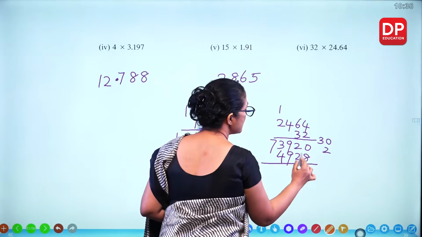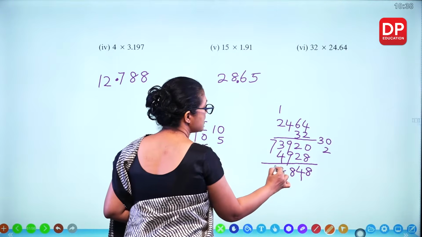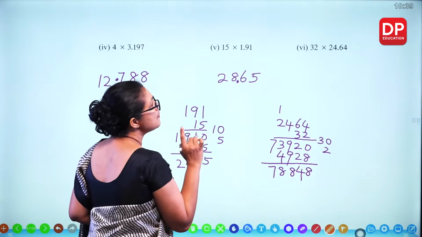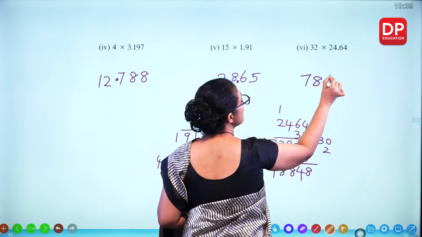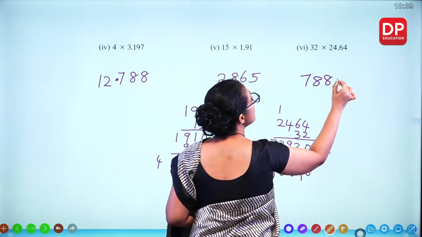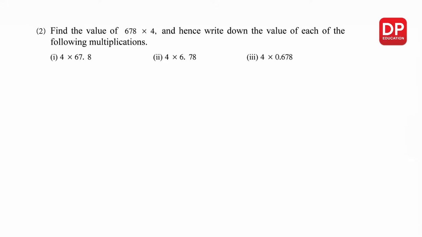When you add it, 4, 18 and 8, 7. Now keep the decimal places. So 2 places we have to keep. 788.48.